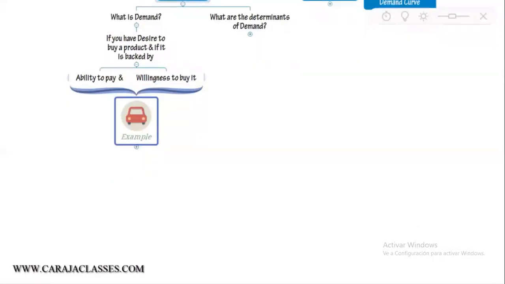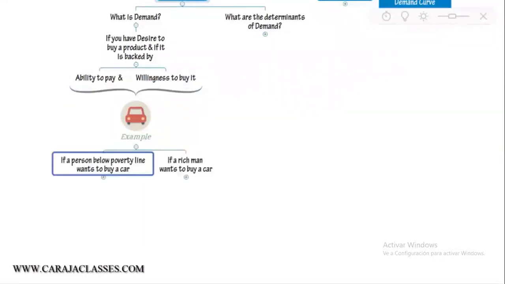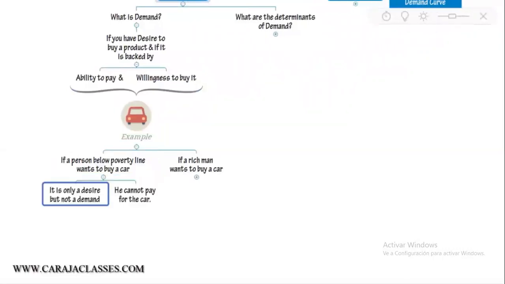Let's take an example to understand this. Let's say a person below the poverty line aspires or wishes to buy a car now. We can say it's only a desire but not a demand. The reason being, he has no ability to pay. He has no purchasing power to buy that car.